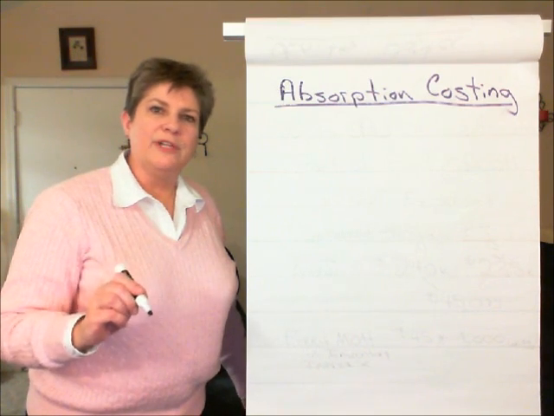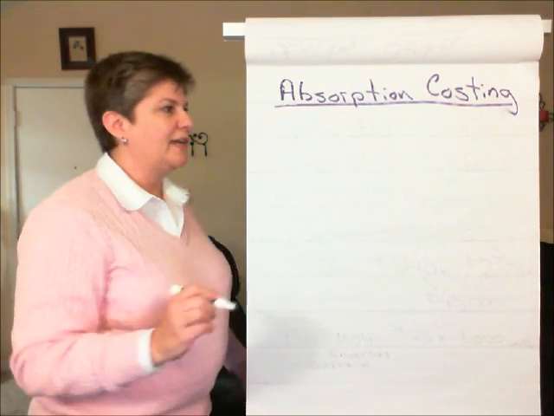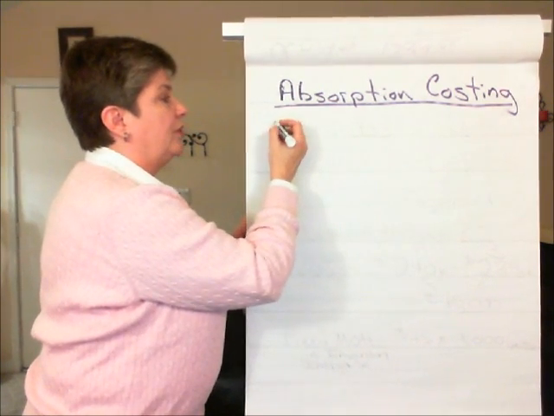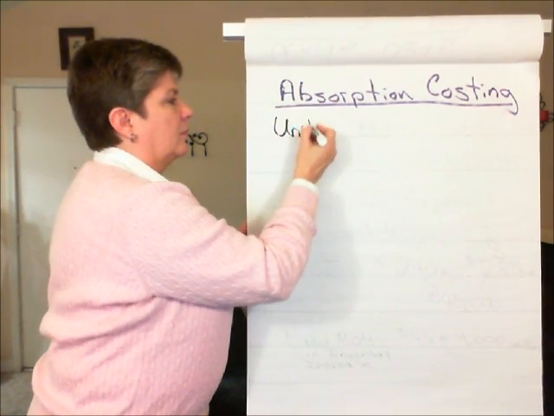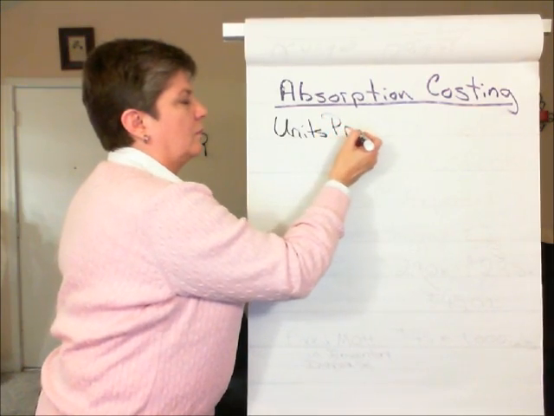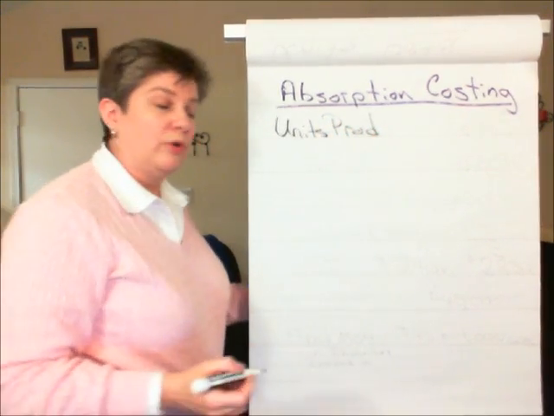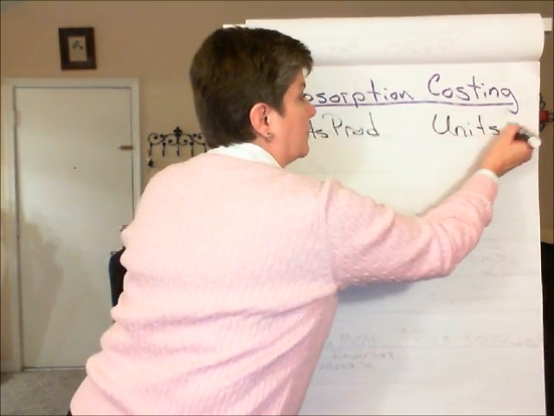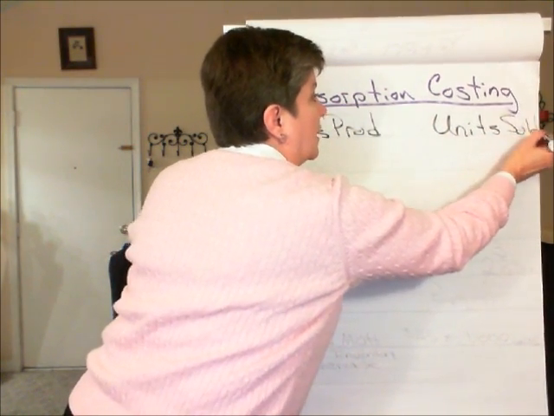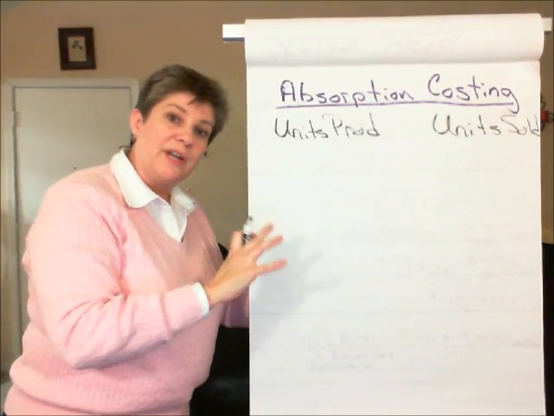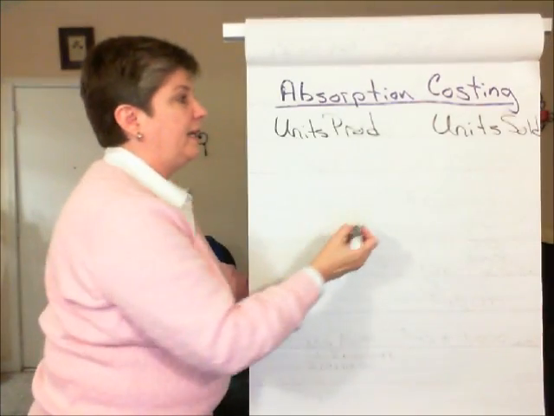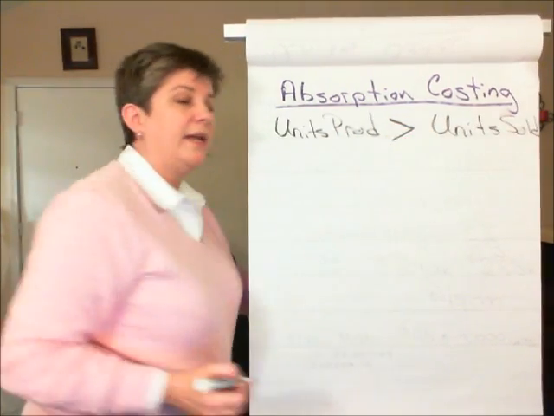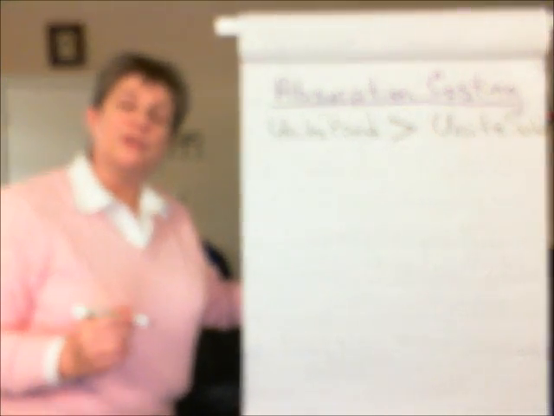Well, the difference in the incomes has to do with the relationship between the number of units produced and the number of units sold. And in situation A versus situation B, the number of units produced was greater than the number of units sold.